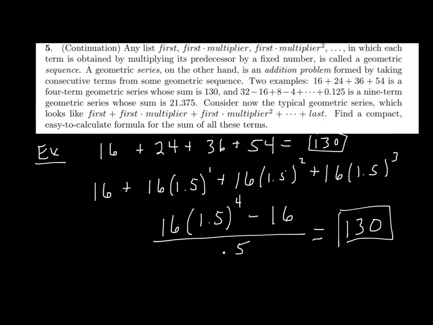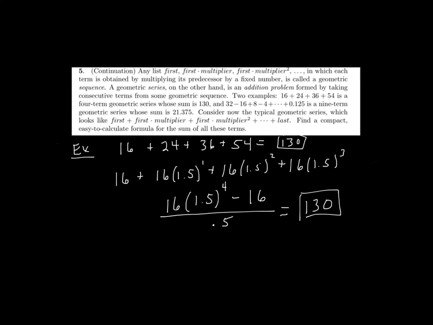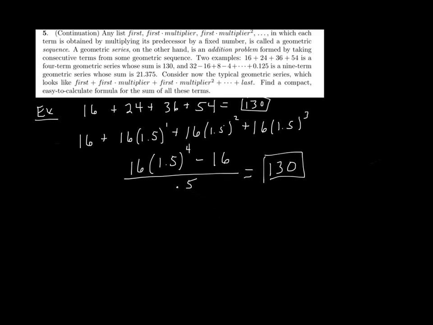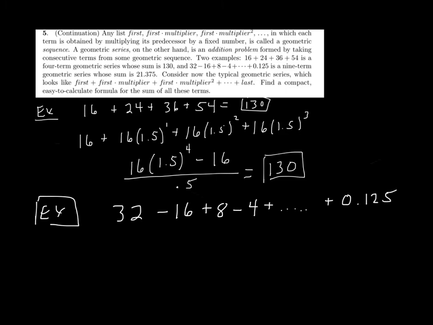Okay, so let's look at the second example they give us. You have 32 plus a negative 16 plus 8 plus a negative 4 all the way down to plus 0.125.